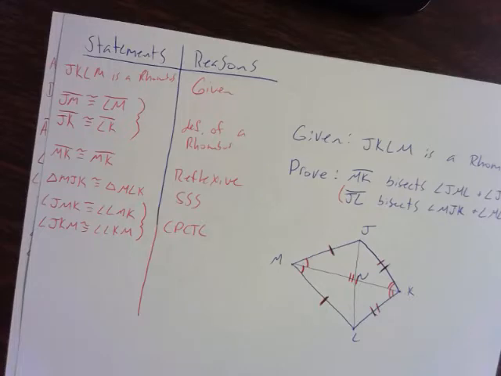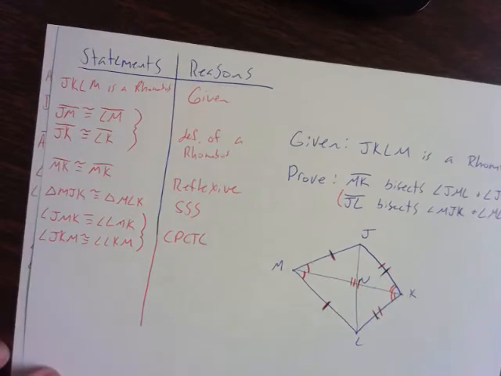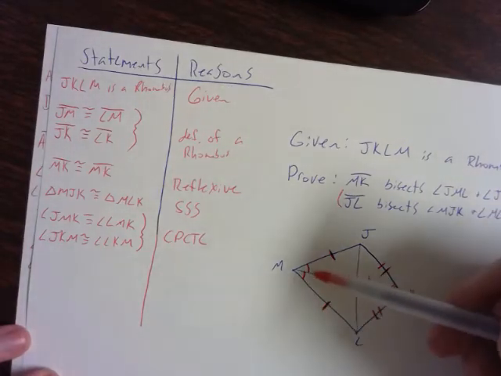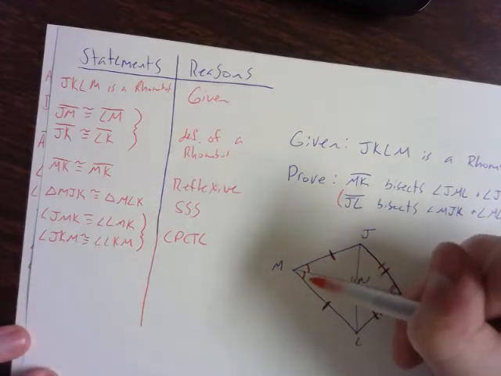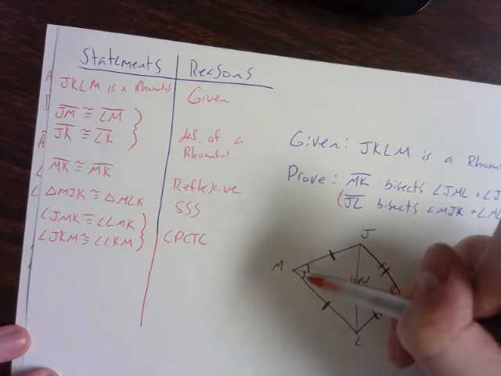Okay, and we kind of talked about this earlier with bisecting lines. If you bisect a line, that means you cut it in half, which tells me that the left side is going to be equal to the right. If I half something, I want to split it into two equal parts. So if I bisect an angle, that means I'm going to split it into two equal parts. And by looking at this and looking at my last statement, this angle is equal or congruent to that angle.